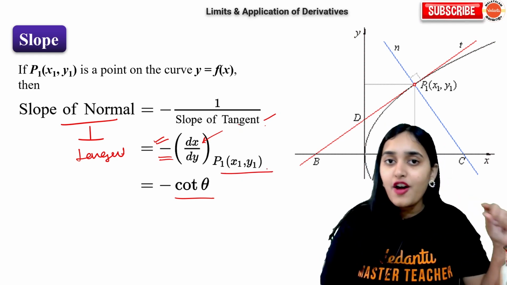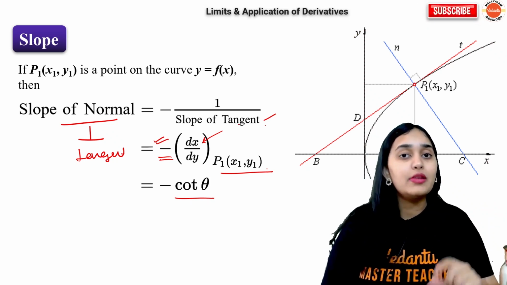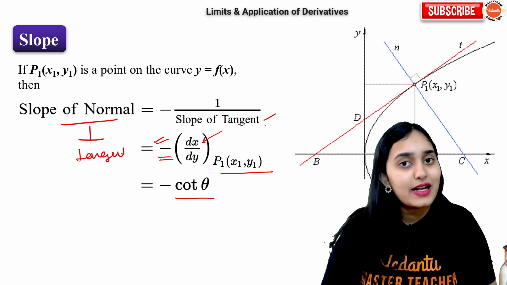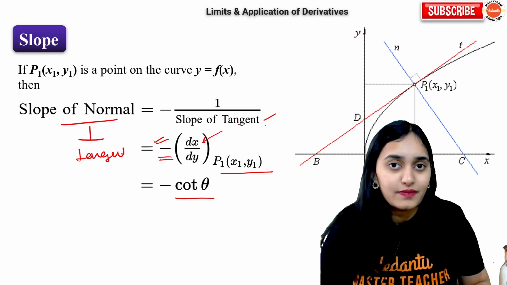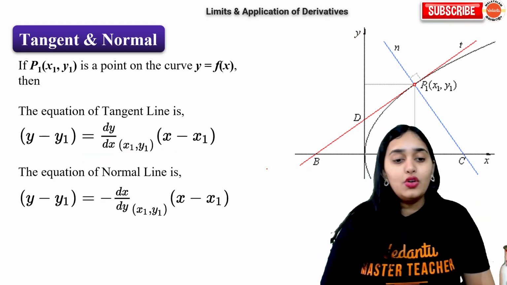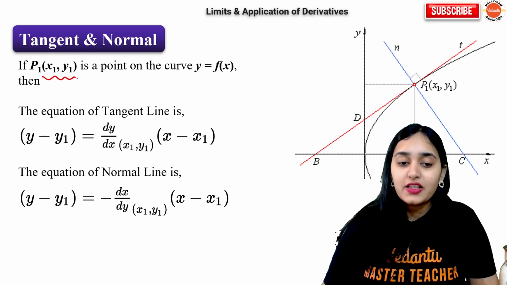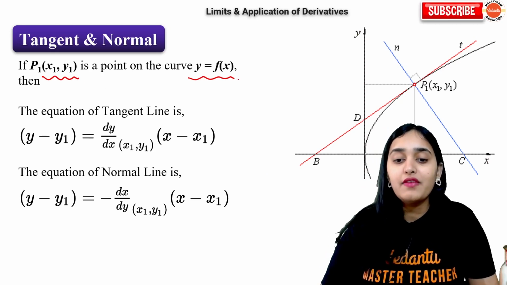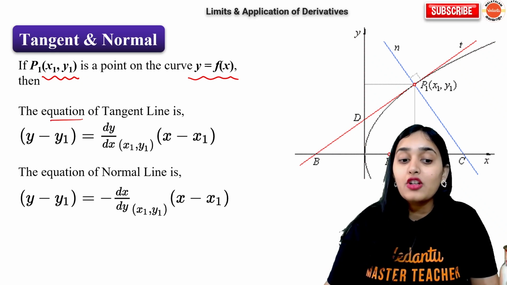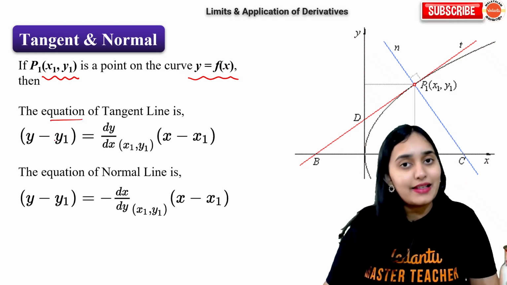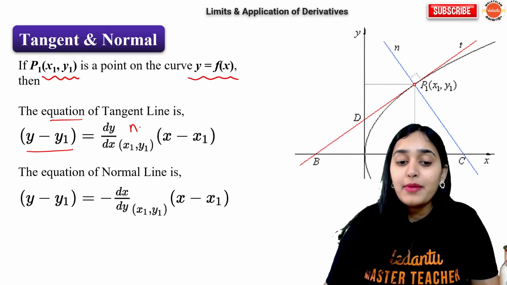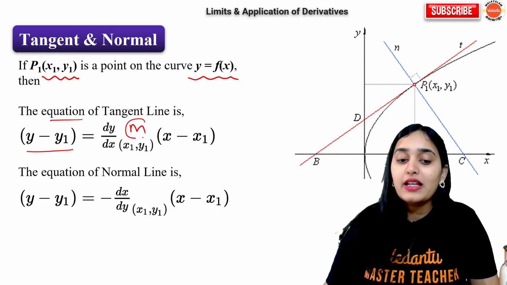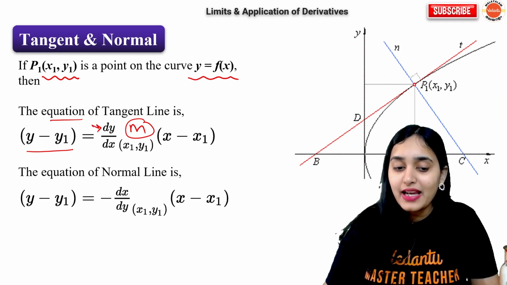Now the equation of tangent and the equation of normal are the same as the equation of a straight line. You know the slope and you know x1, y1, so you can find the equation. Suppose you have a point x1, y1 and the curve y equals f of x. The equation of tangent will be y minus y1 equals m into x minus x1, and the slope here is dy by dx.